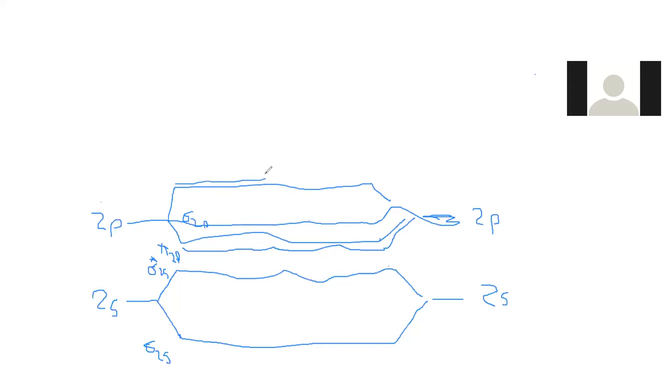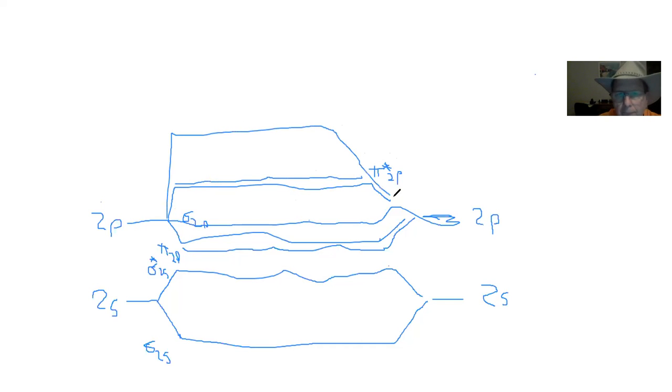So what they do is they form in this arrangement. This is the pi anti-bonding 2p. And I'm going to also have a sigma anti-bonding 2p.